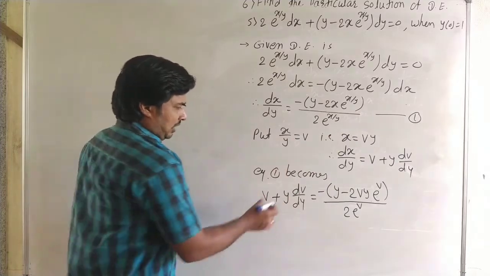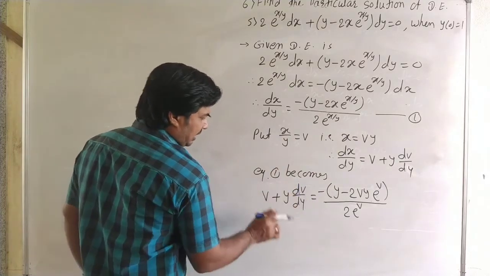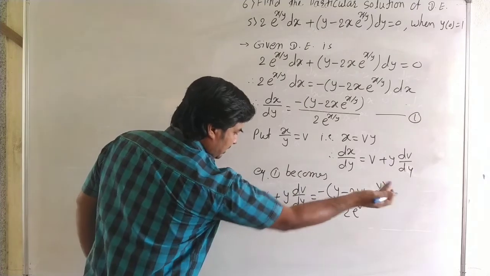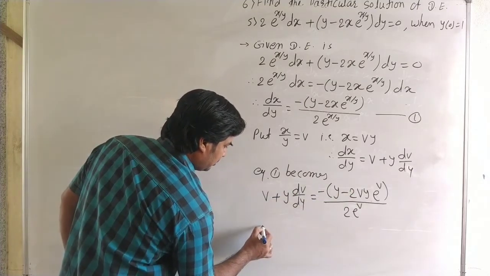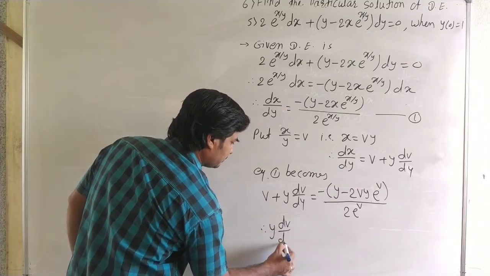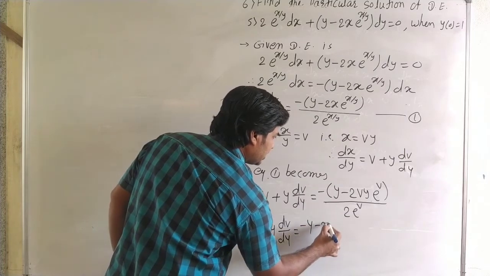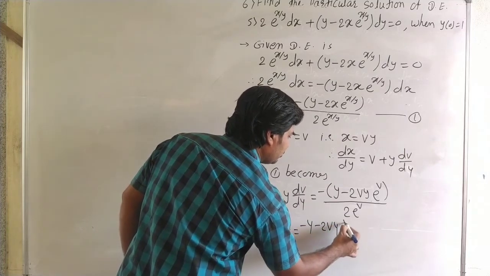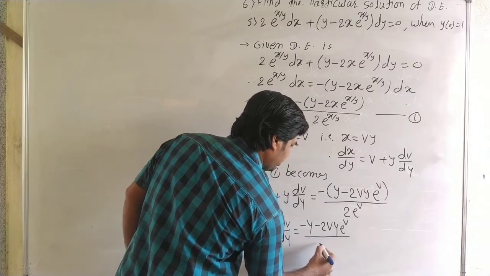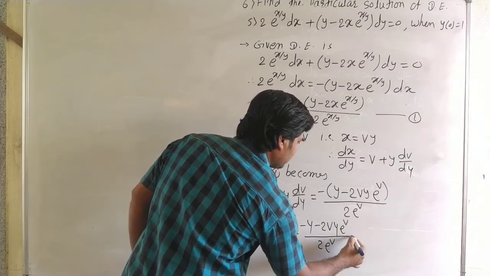Okay. Now we get two variables, phi and y. Here this phi we can write in the RHS. Therefore y into dv by dy is equal to minus y minus 2vy e raised to v upon 2 e raised to v, minus phi.